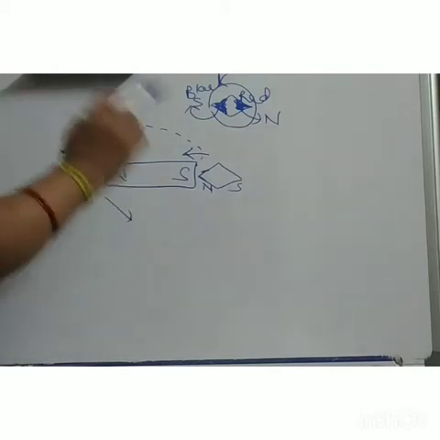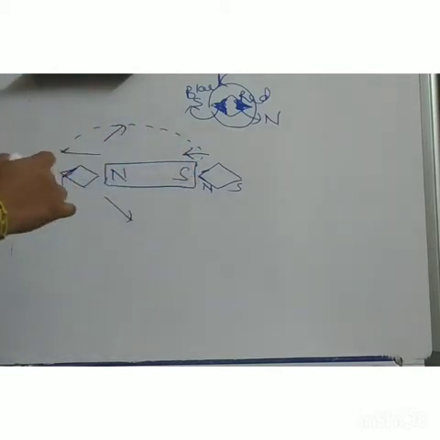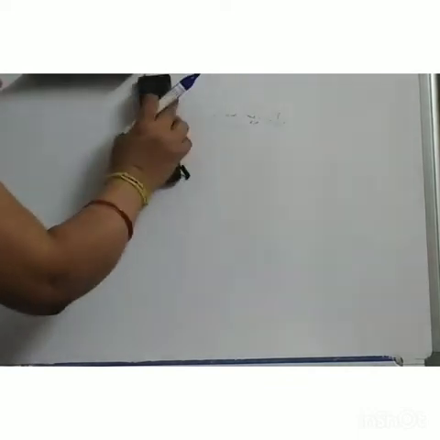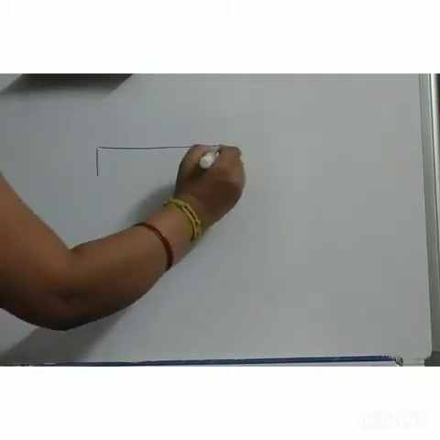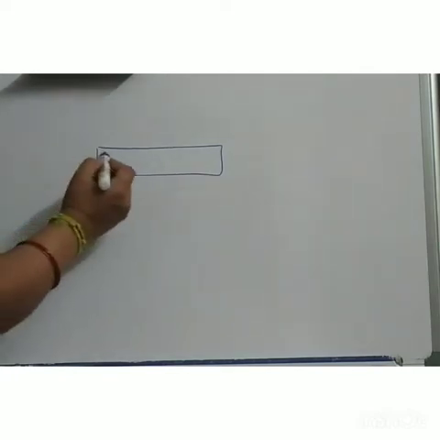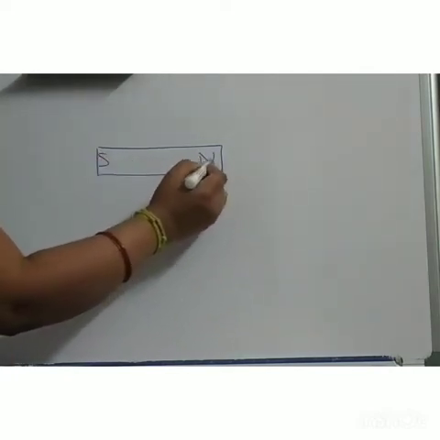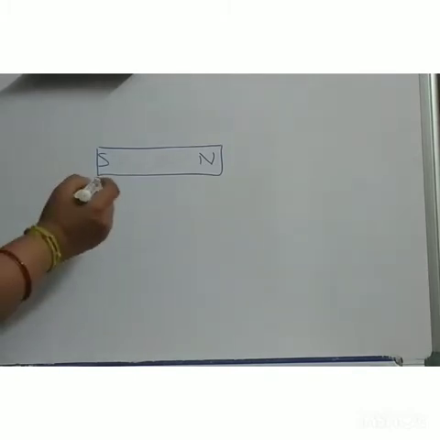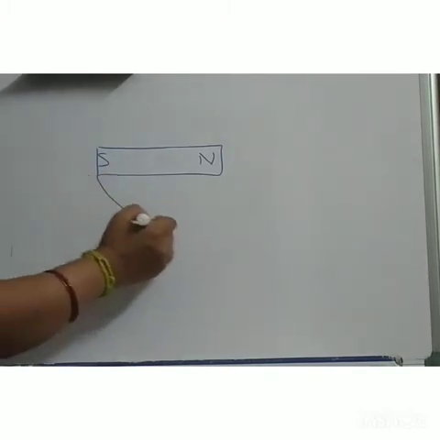If you join these arrow marks, okay, then what you will get? You will get the magnetic field lines like this. Suppose this is your north pole and south pole. This is suppose south, this is north. Okay, so I'll try to draw now.